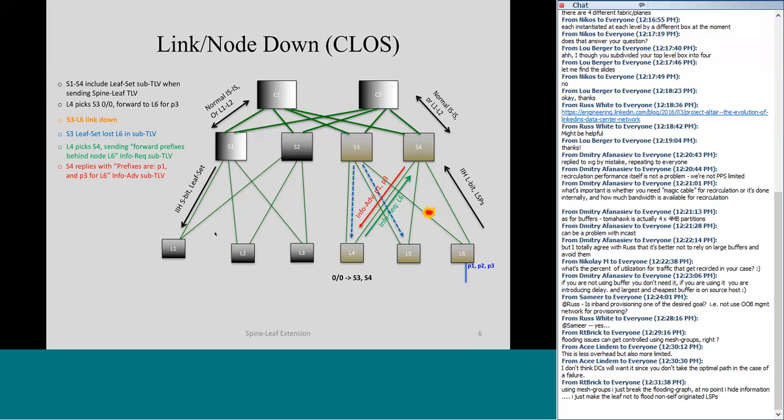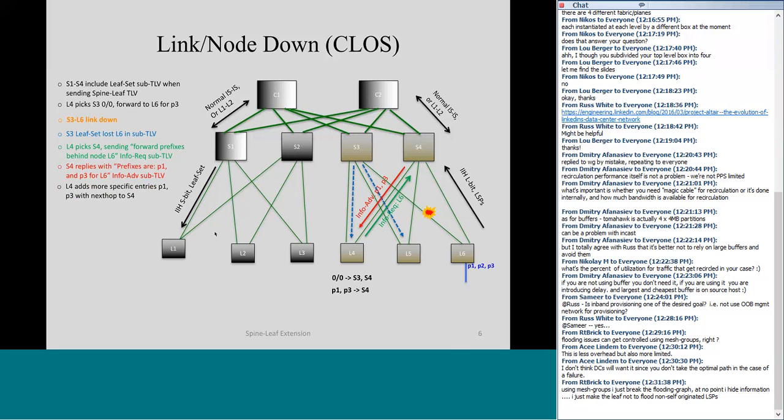It says, hey, I have a connection to L6, right? And my policy says I can advertise P1 and P3 for you. So it sends that you can reach L6's P1 and P3 through S4, because S4 was requested for that information on this lost L6 node.